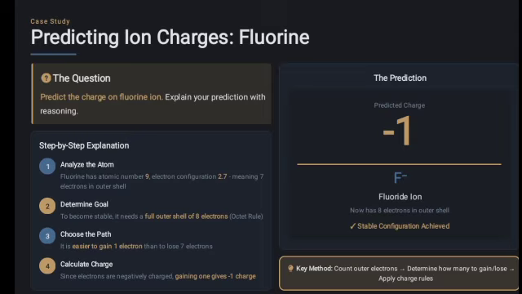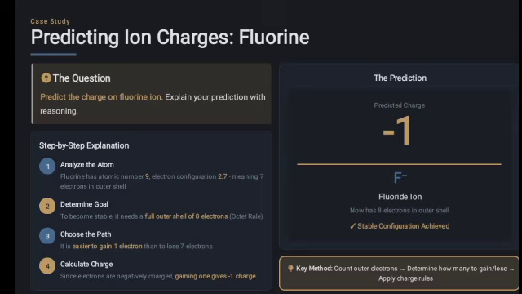So what do we have to do? Is it easier to gain 1 electron or to lose 7 electrons? Fluorine has 7 electrons in its outermost shell. Yes, it's easy to gain 1 electron from any other source. After gaining 1 electron, it gets the octet and becomes stable.